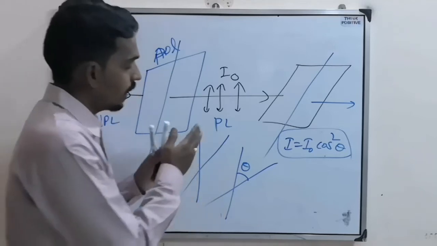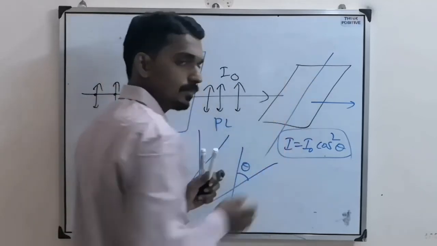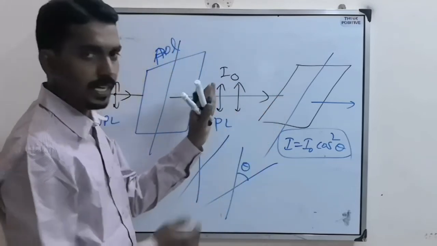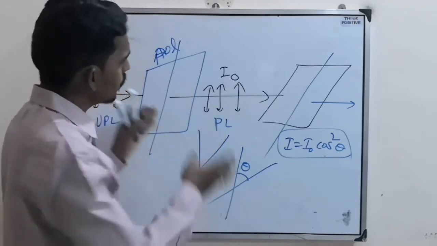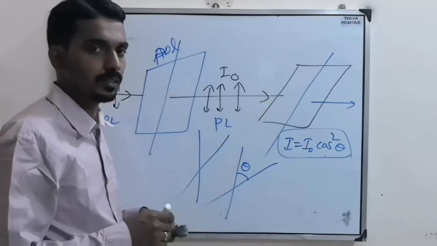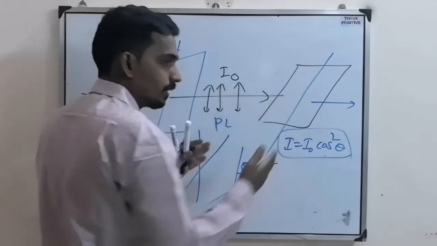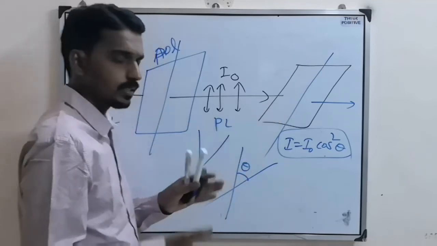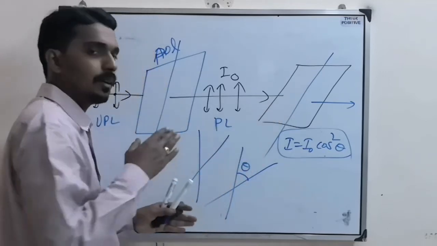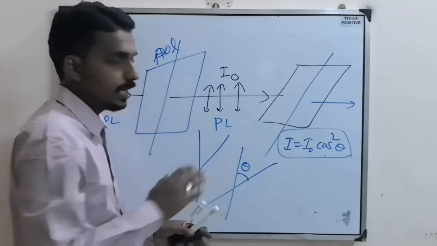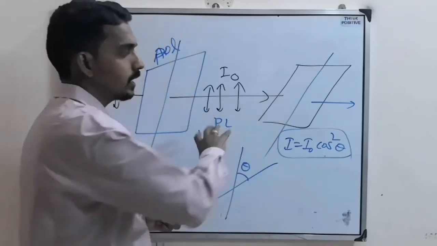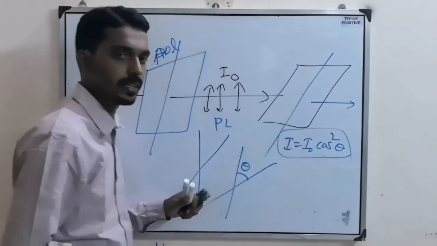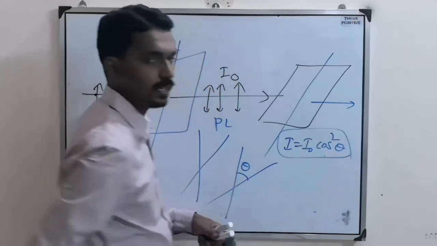When polarized light falls on a Polaroid called an analyzer, at some angle theta, usually they will mention it. So when there is a polarizer, they will arrange one analyzer. Both are Polaroids, but the first one we call a polarizer because it converts. The second one we call an analyzer because it is just decreasing the intensity, and that decreased intensity is I naught cos square theta.